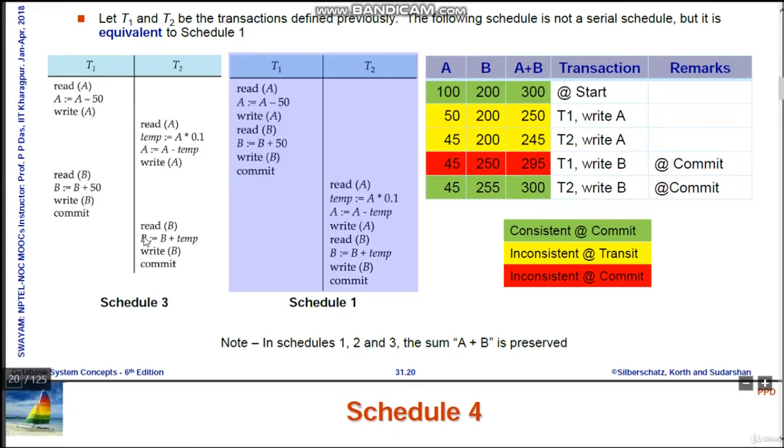So this is a concurrent transaction, two transactions executing in parallel. Okay guys, and this is a serial schedule. First one completes, second one completes.